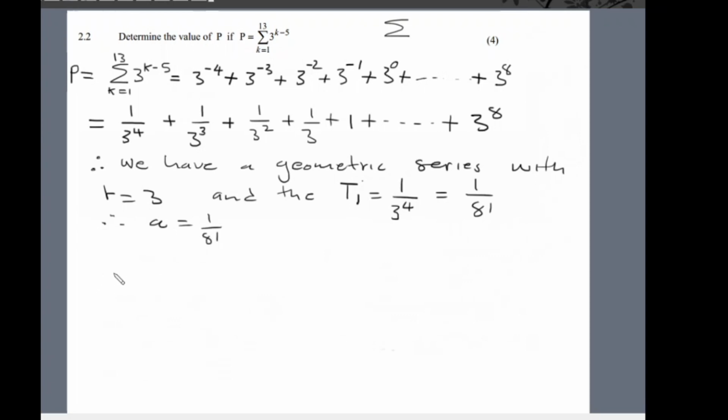So in other words, p is equal to a geometric series. Now when we sum these terms of the geometric series, we will get the value of p.